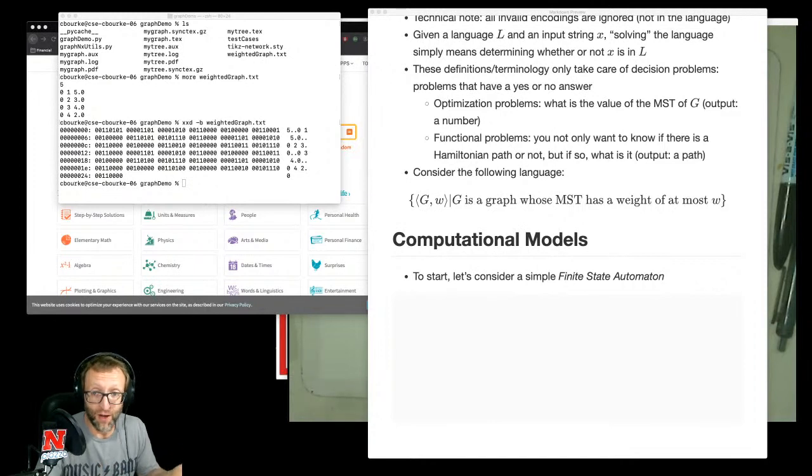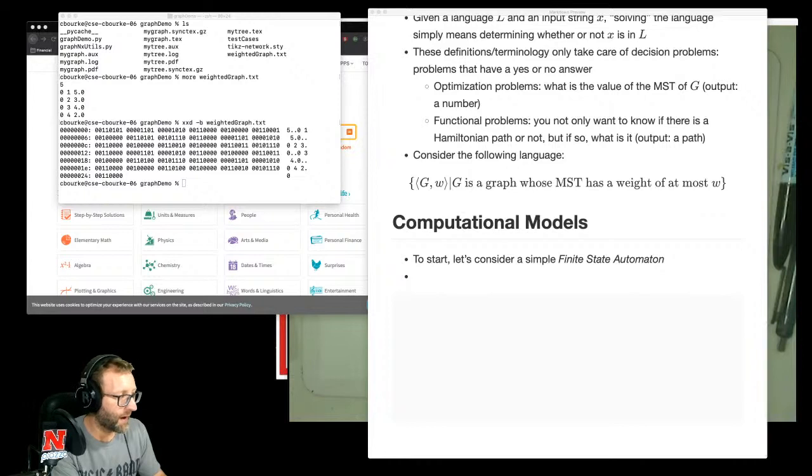It was not a real automaton. It was not automatic. It didn't run by itself. So an automaton in the traditional sense is just a machine that runs by itself. And in this case, a finite state automaton is just a very, very simple model of computation.